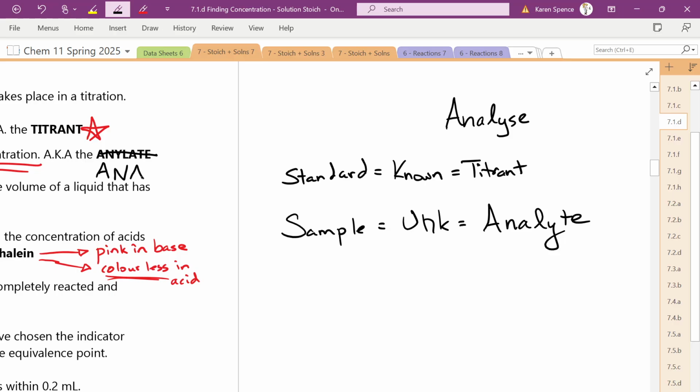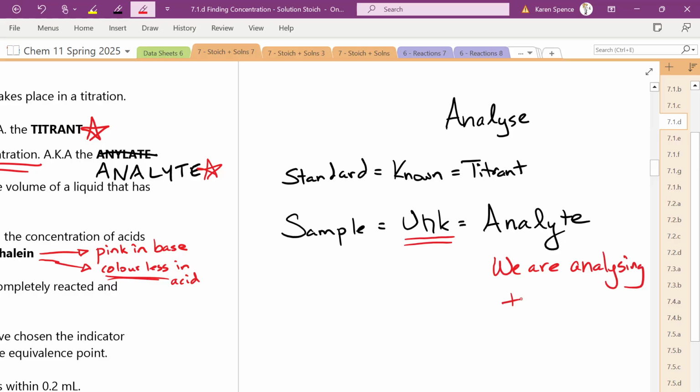Analyte, because we analyze it. Does it make sense that the one that is unknown is the one that we analyze? We are analyzing the unknown. So the thing that is getting analyzed is the unknown, and that is our sample.